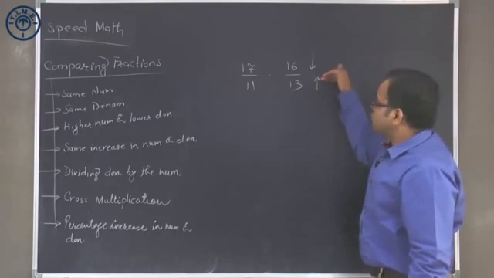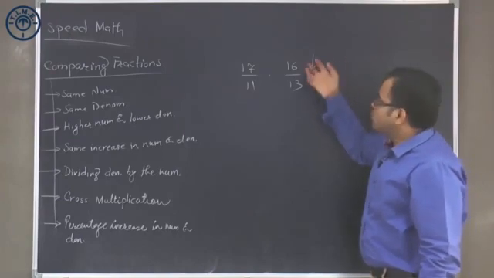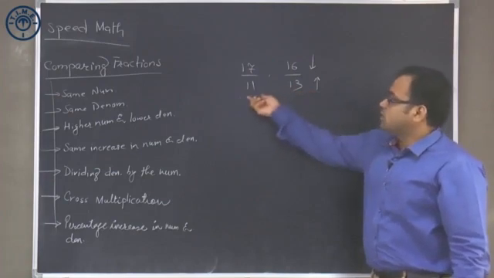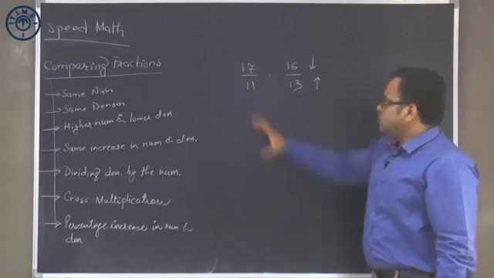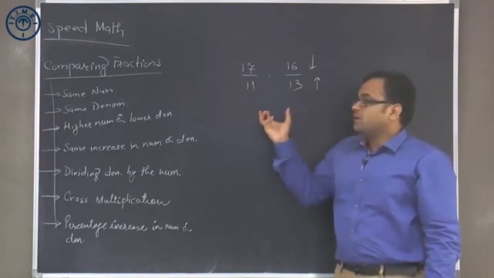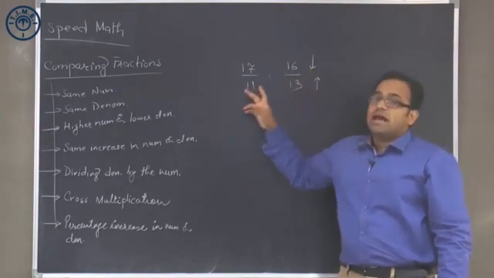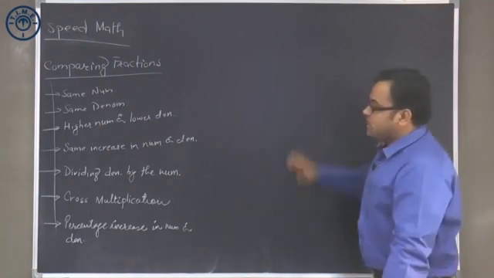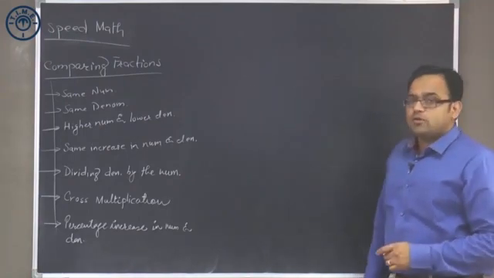If the numerator is lower and the denominator is higher, then automatically the number would be smaller. So this number will be smaller, this number will be greater. So if I am comparing numbers, whichever number has the highest numerator as well as the least denominator will be the highest.